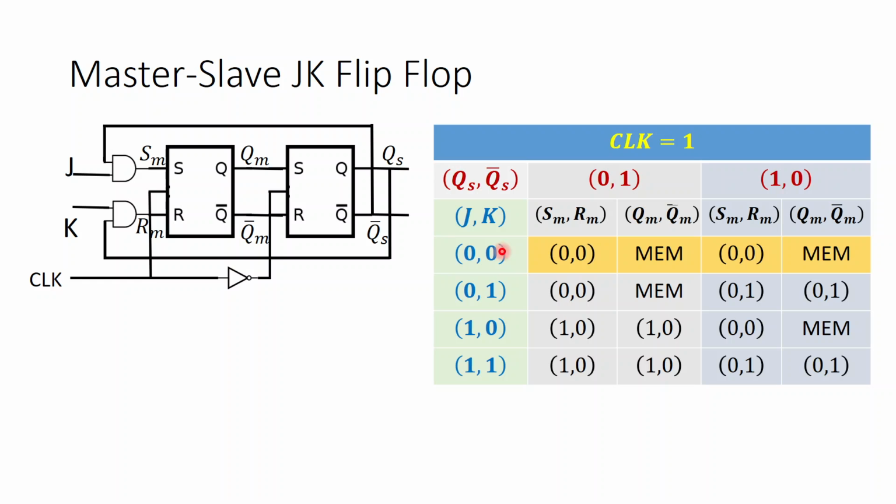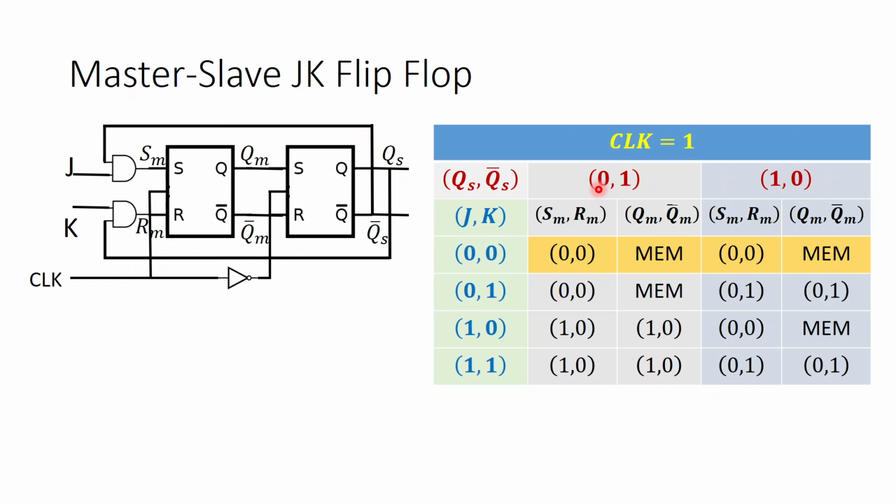Okay, now you see when J and K is 0 1, then what happens? When J is 0, of course S becomes 0 irrespective of what. So you see SM is 0, SM is 0 here also. But what about RM? Because K is 1, RM gets decided by QS, right? So QS being 0, RM is also 0. So here it is 0 0, and that means QM bar again remains memory.